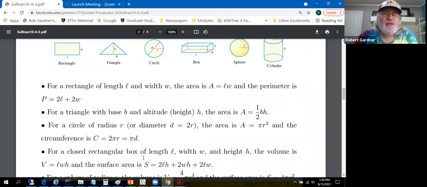For the closed rectangular box, what this means is it's not an open box. It's got a top and a bottom and a total of 6 sides in all. But that's what they mean when they say closed rectangular box of length L, width W, and height H. The volume equals length times width times height.